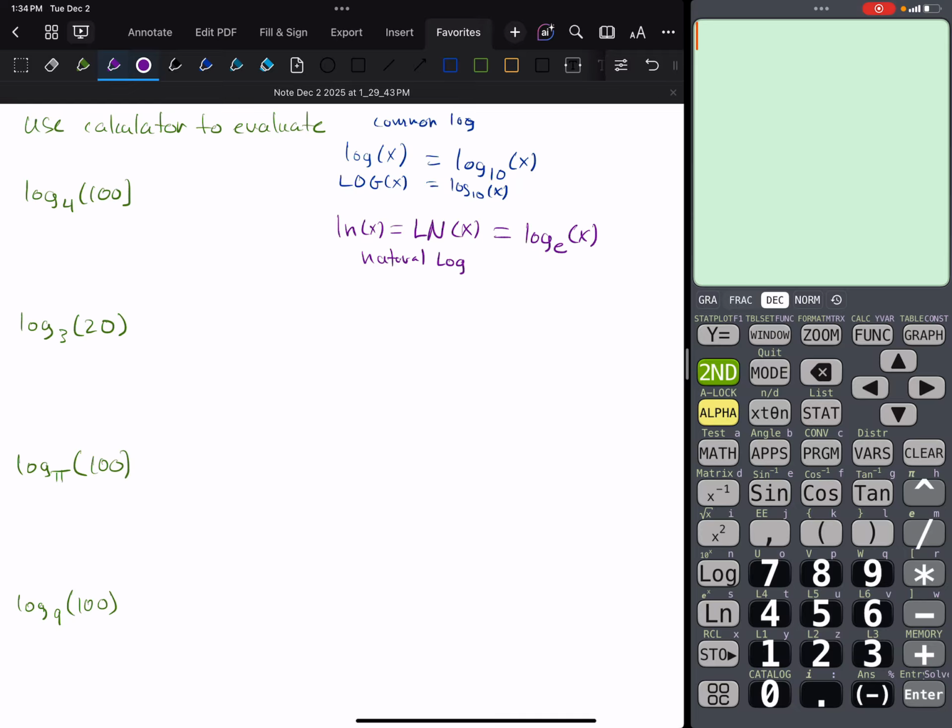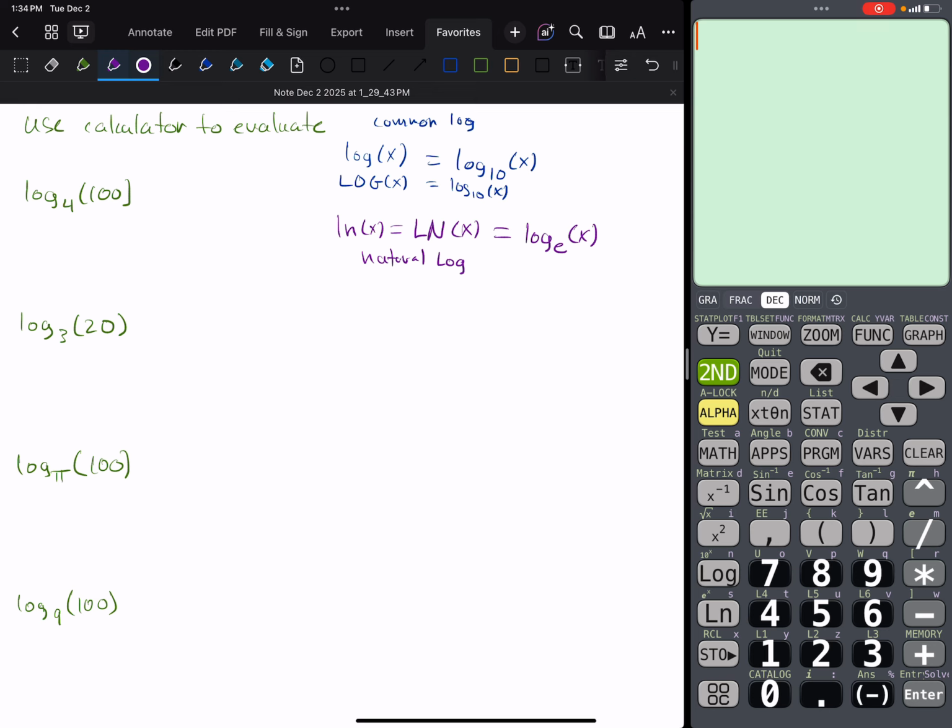Now, how do I evaluate log base 4 on a calculator that does not have a log base 4? Well, I have to change the base to be either one of the bases that I have. This value here is the base of the logarithm, right?